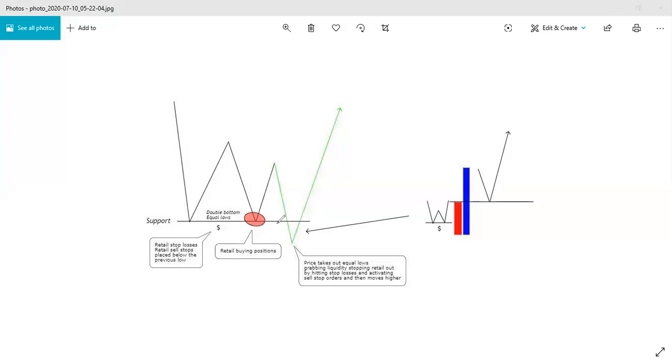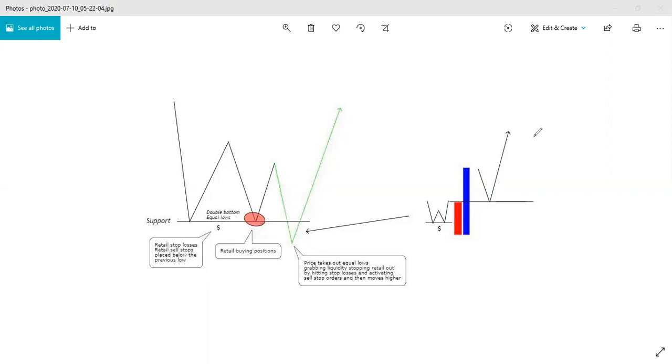So just by knowing that, we know that the banks have captured liquidity and then changed direction and sentiment.